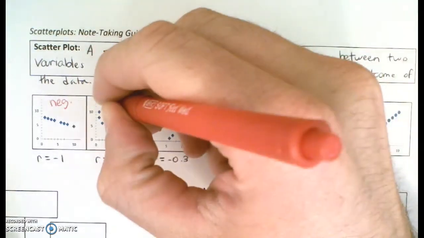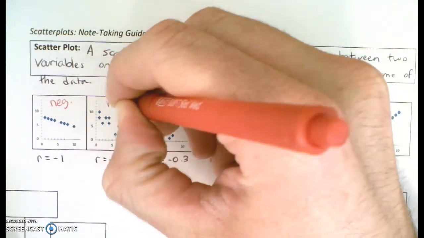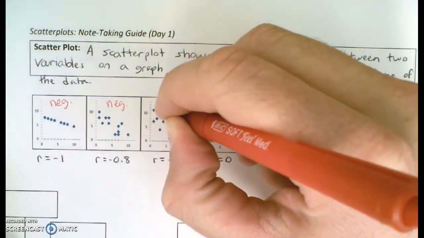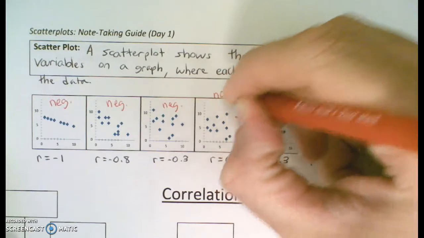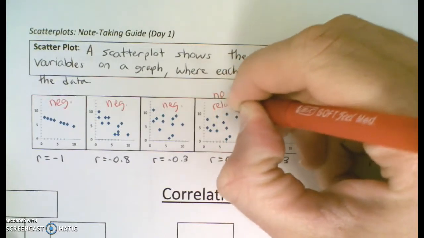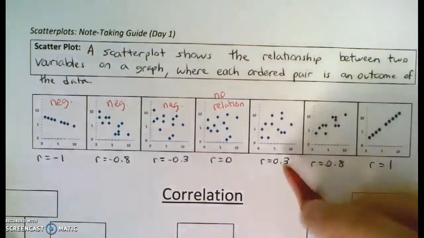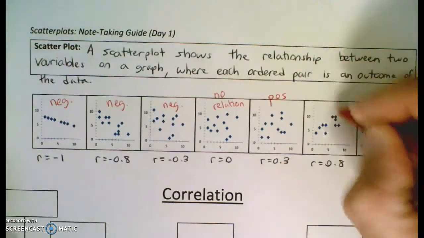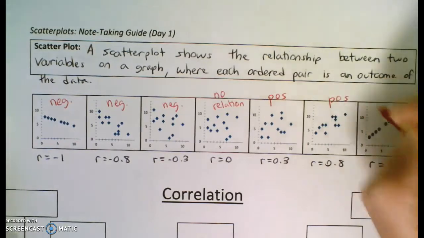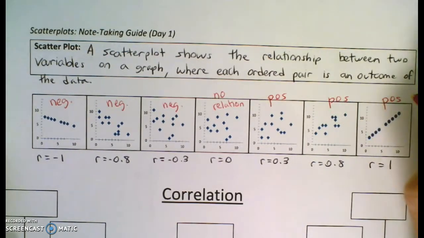This continues to be negative. Here there's no real relation. Now the data is starting to trend positively. Still positive, and more positive.